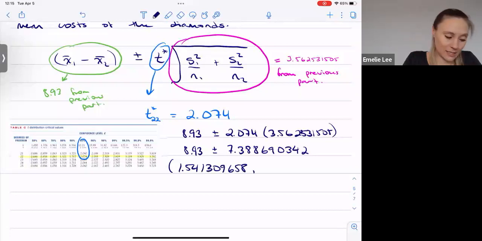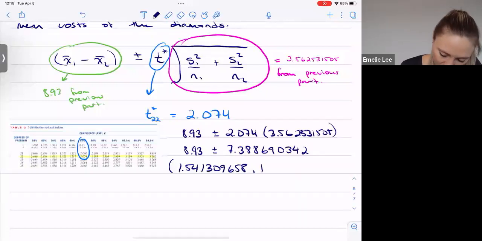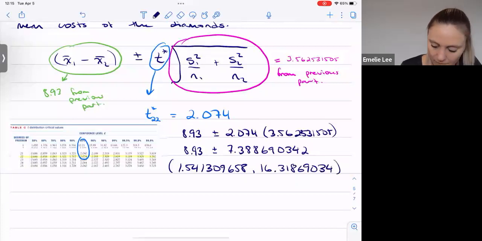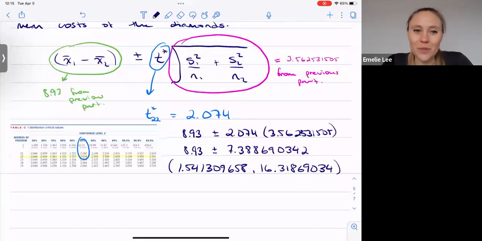And then if I add it, 8.93 plus that guy, shift, recall. Then I get to 16.31869034. Remember that we're talking about prices, it's specifically point prices, right?